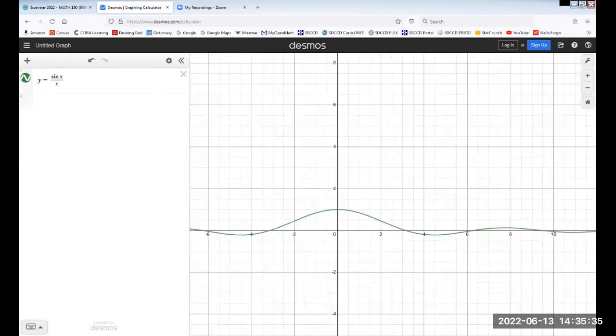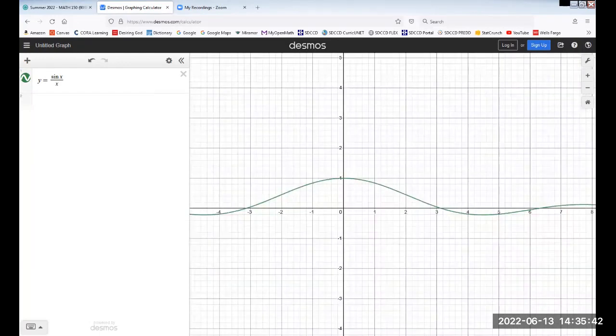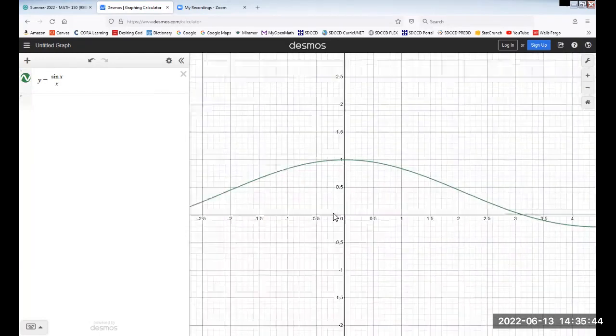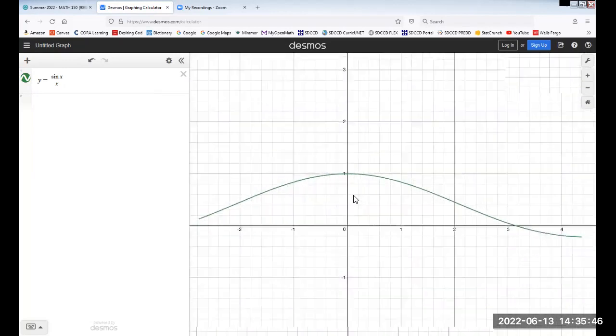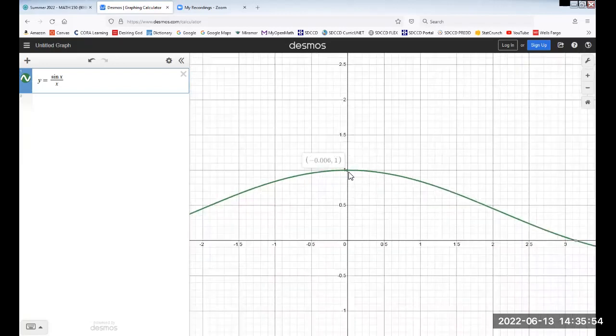It's kind of cool, it's got that sine wave, but it diminishes because you're dividing by the x value, so it makes it smaller the further you get out. But right there at 0, notice, yep, it's honing in on 1. Now the point itself, if I can get it, there it is, undefined. There's a hole there, but certainly that does approach 1 from both directions.